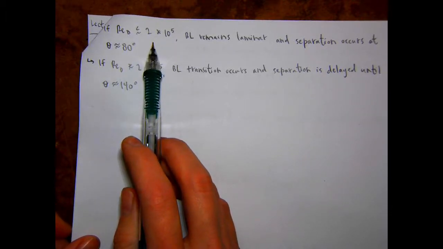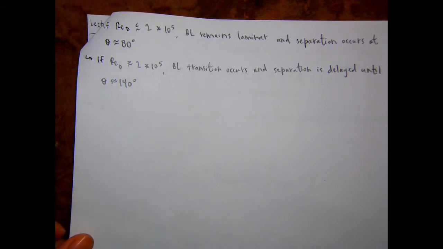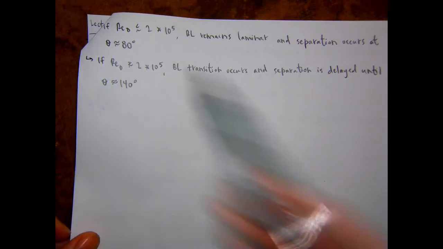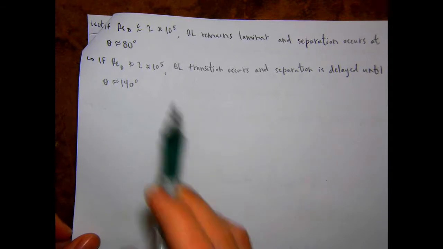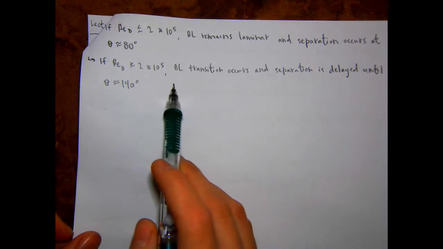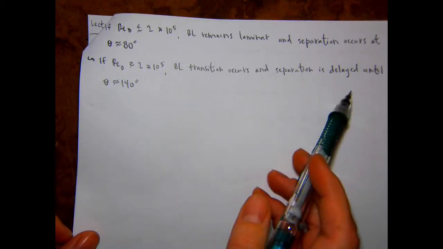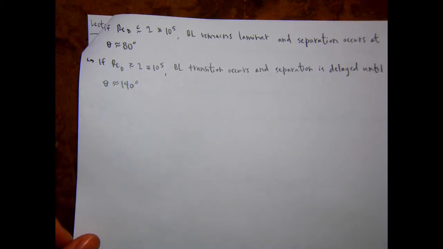If the Reynolds number is lower than that, the boundary layer remains laminar, and so it detaches earlier, at approximately 80 degrees, just before the exact top of the cylinder. If it's greater than 2 times 10 to the 5th, boundary layer transition occurs, so the boundary layer becomes turbulent, and separation is delayed until about 140 degrees. That results in a much narrower wake because the separation is delayed until well past the top of the cylinder.